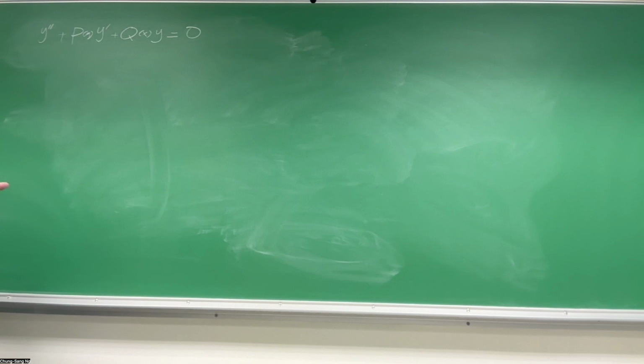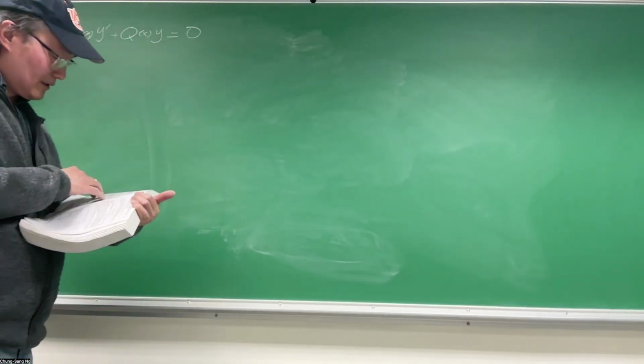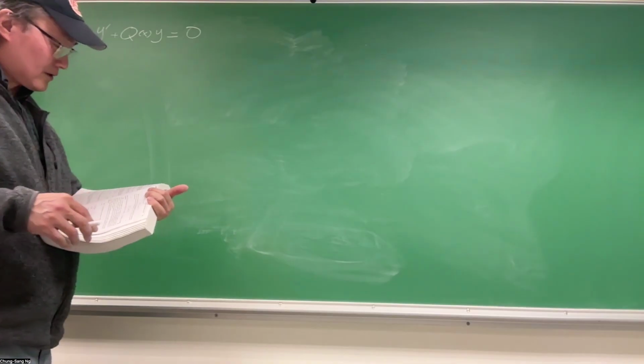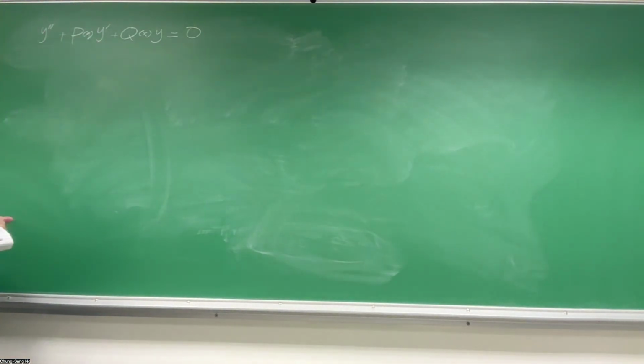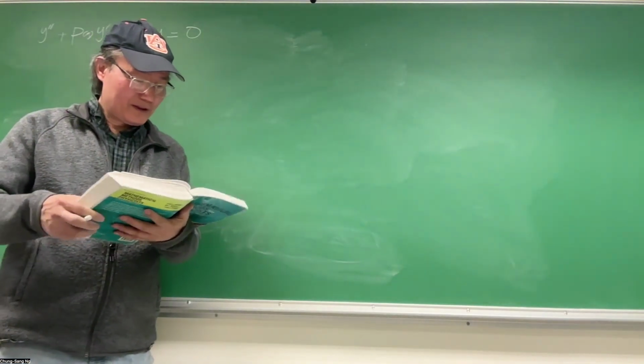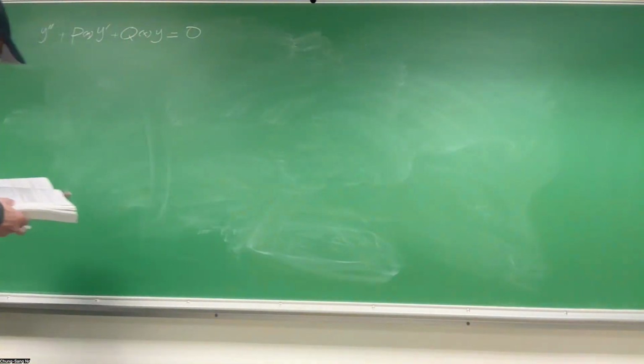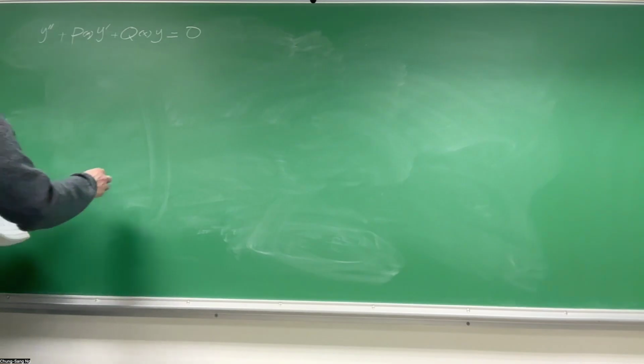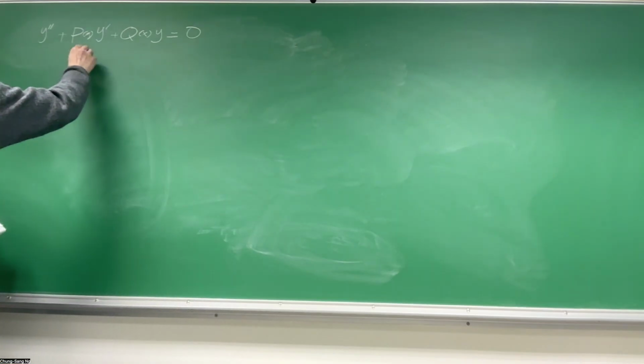Now, this discussion of singularity is that when P and Q become infinity, it's singular, then it's called a singularity. If it's not singular, then it's ordinary. Right? So that's quite trivial. So singularity is either P(x), and you have two functions, right?